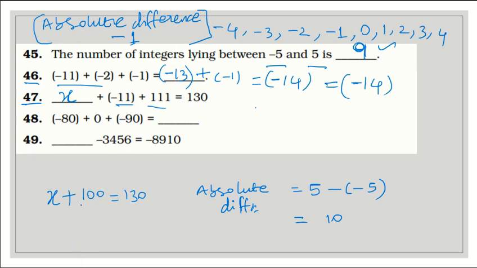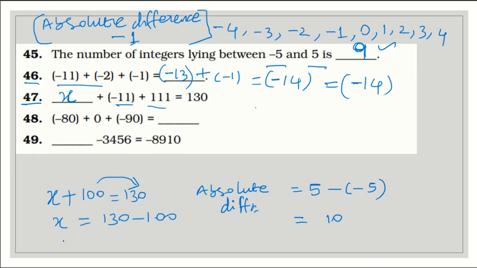Now this addition of 100 can be subtracted on both sides, then it becomes 130 minus 100, or I say transposing this, sending this 100 which is added to the other side, here the addend becomes the subtrahend on the other side.